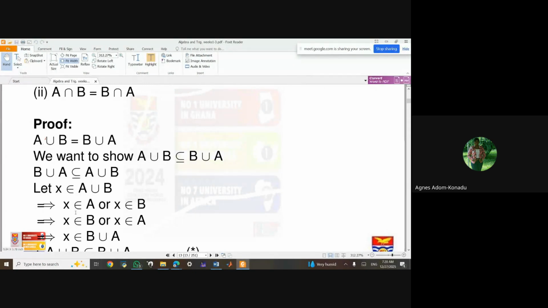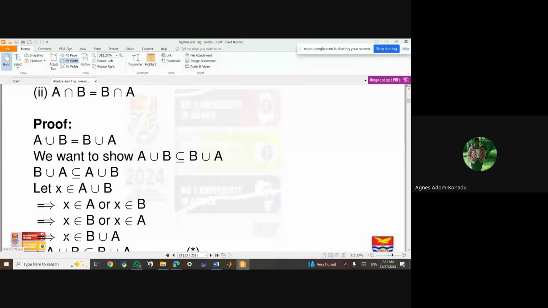Okay. So X is in A or X is in B. And if X is in A or X is in B, we can write it as X is in B or X is in A. And then we know that X in B or X in A means that the union, the or here means union.